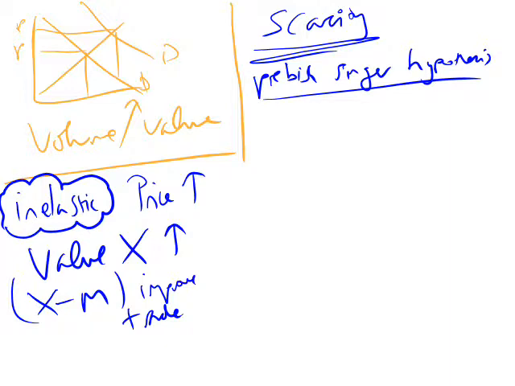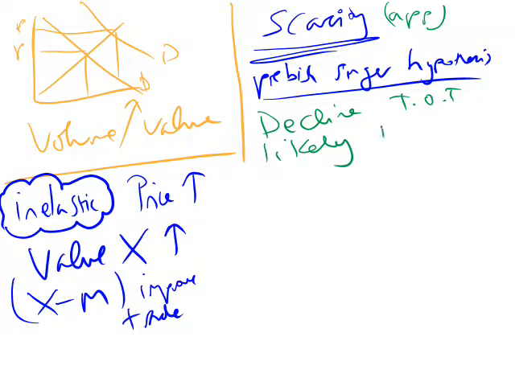If you talk about scarcity, you're probably going to end up more in application or low level marks, whereas if you talk about Prebisch-Singer hypothesis and declining terms of trade, which is likely to lead to, and the word likely is helpful here, balance of payment deficits.